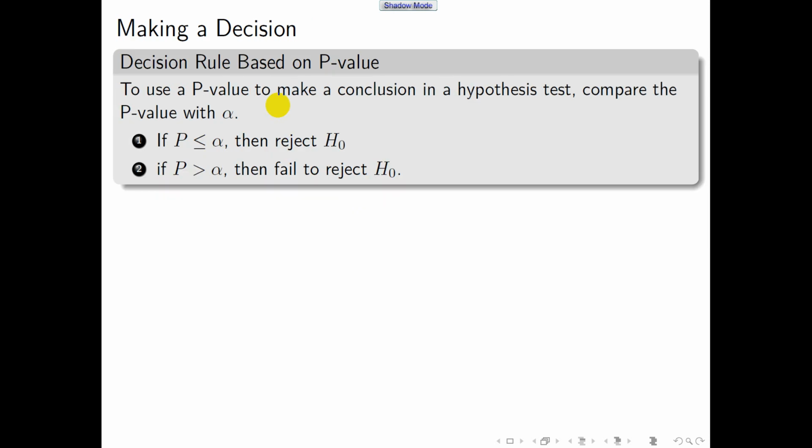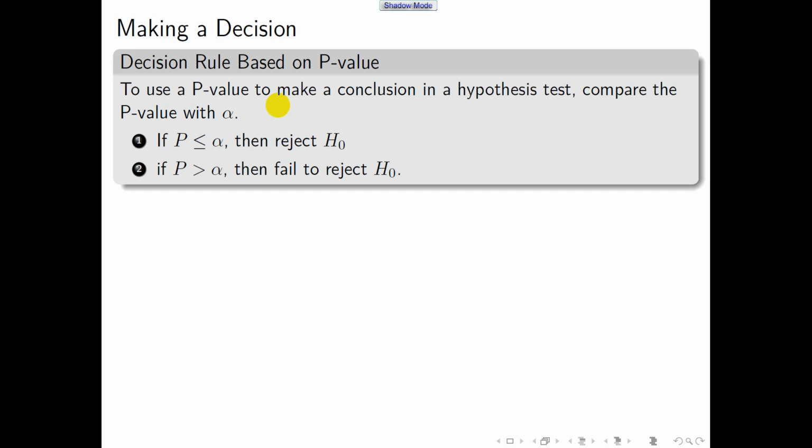Good. So once we find the p-value, we are going to compare it with alpha. You define alpha from the beginning. For example, you may take it as 0.1 or 0.05, and so on. If the p-value is bigger than alpha, you decide that this p-value is big enough for you.